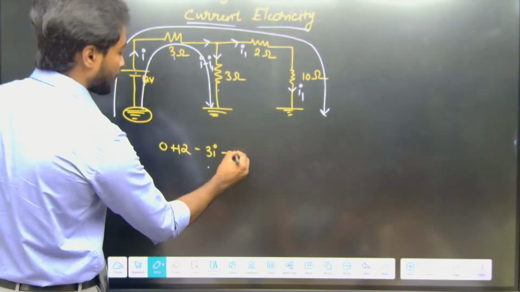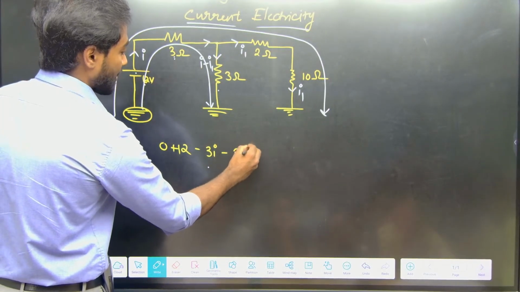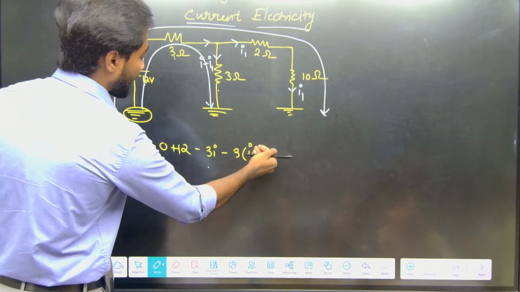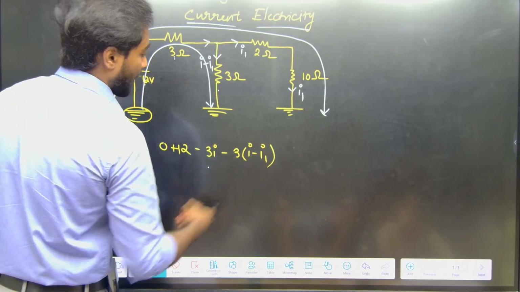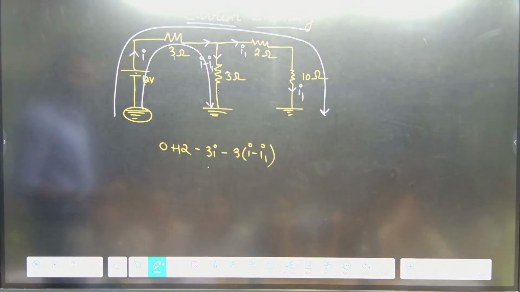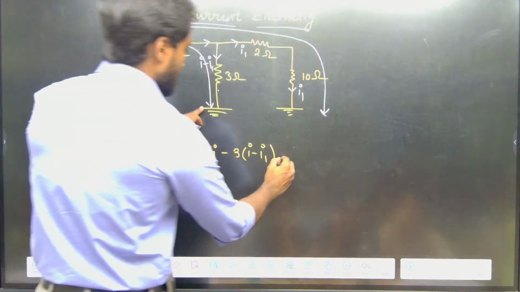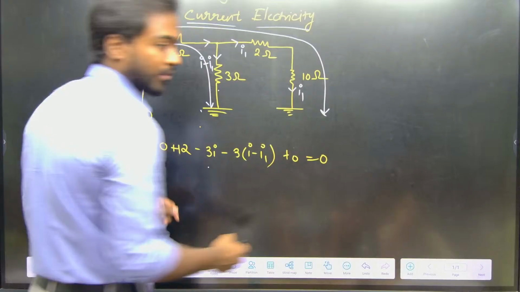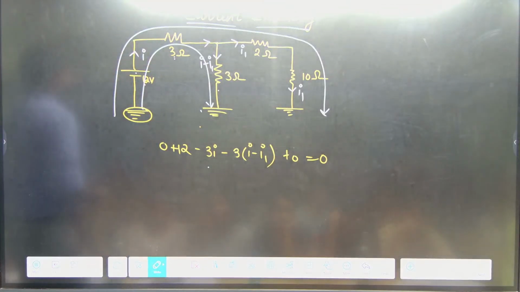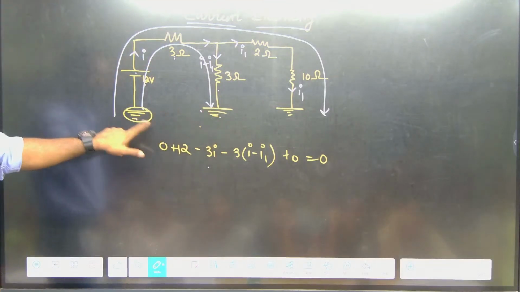And when I come to this point, this one will be minus of 3 times I minus I1, then plus 0 equals to 0. Any doubt here? We have taken this also 0 and this also 0.